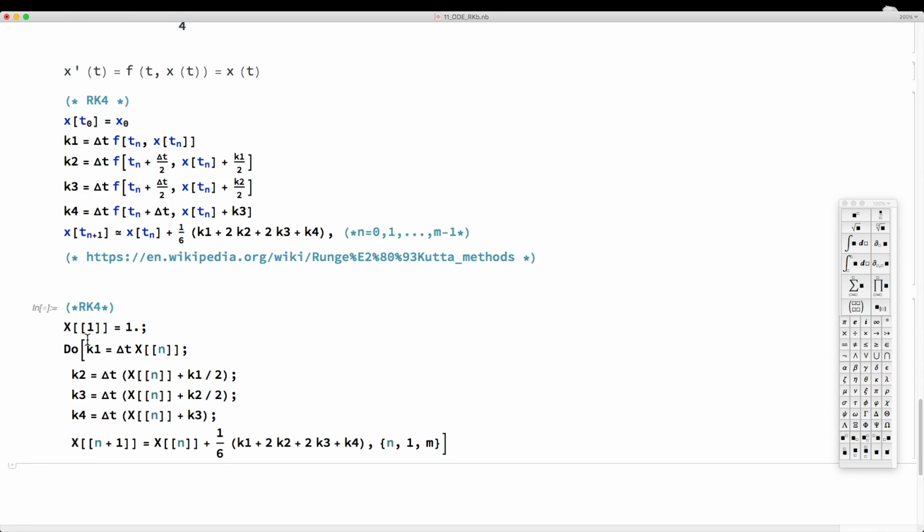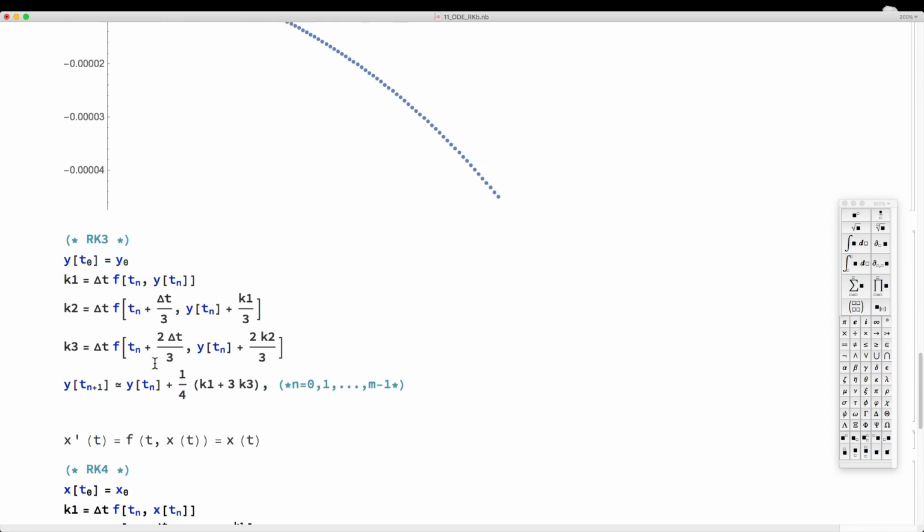Again, the first two steps. So first we have the time step, the initial condition. Then we have K1 and K2 just as before. And f of x is simply equal to x, which is all we have to do is replace f of x by x in all of these equations, and then that's our scheme. And then in the end, we simply implement this formula, so we have the combination of K1, K2, K3, and K4.